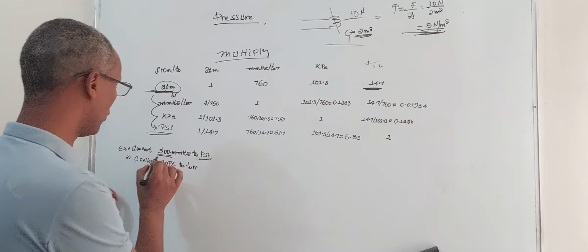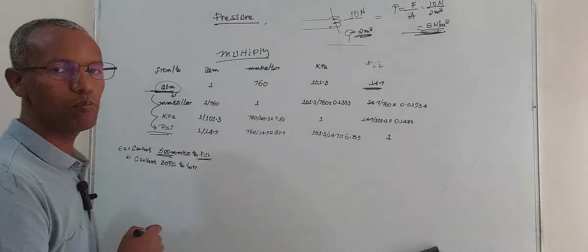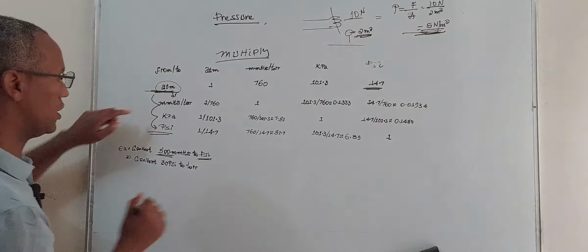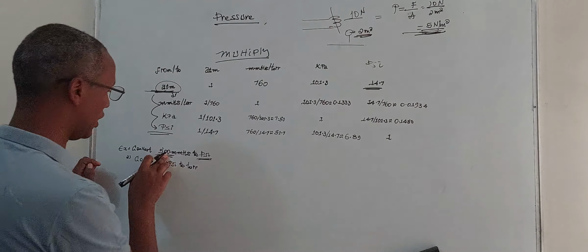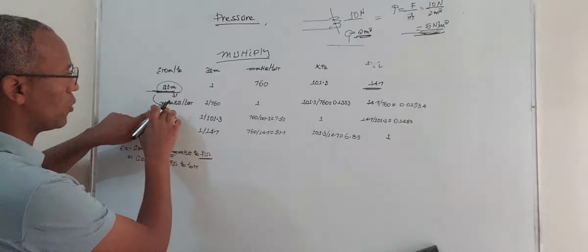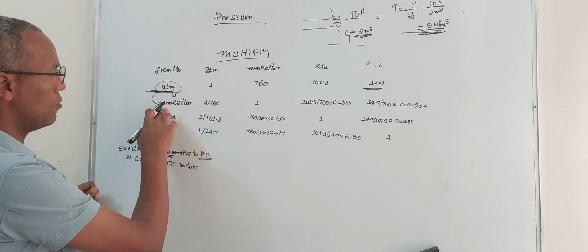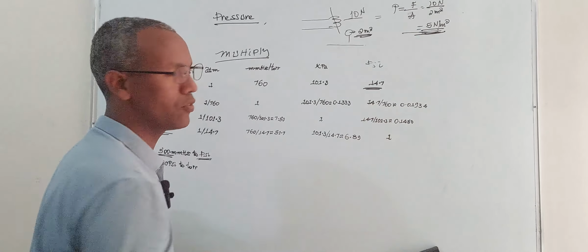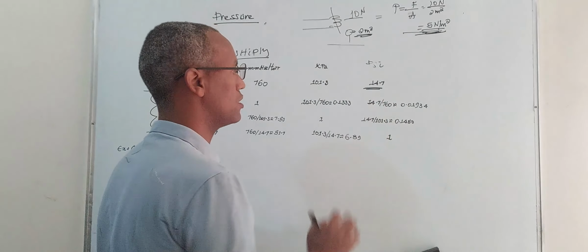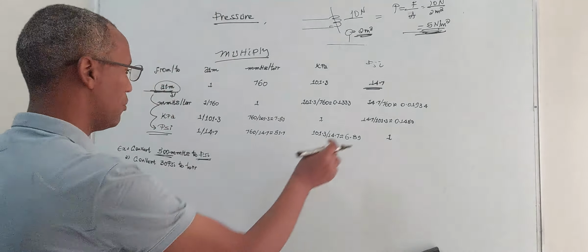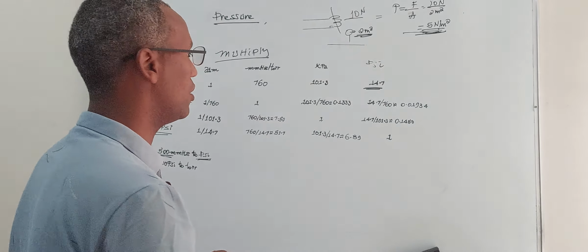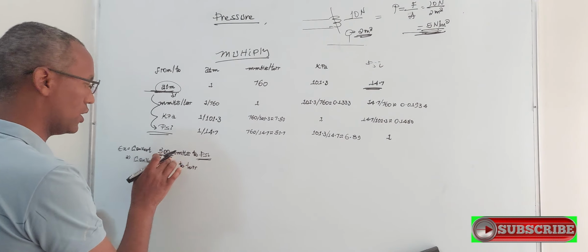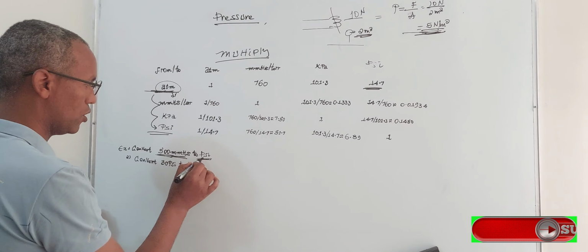Let's say we have 500 millimeter mercury, meaning that one millimeter mercury is equal to 14.7 per 760 psi. So that is what we can use to convert millimeter mercury to psi.